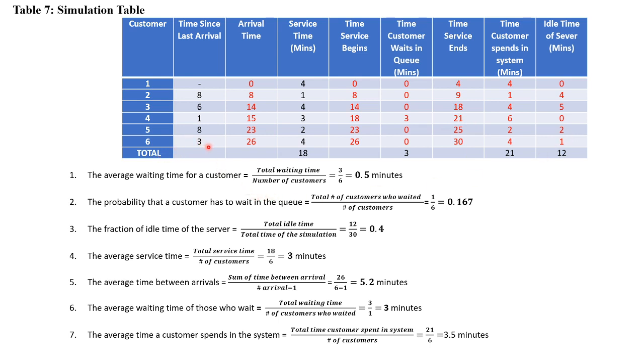Customer 6 came in 3 minutes after customer 5 entered the system. So he arrives at time 23 plus 3, which is 26. The service time for customer 6, we know to be 4.